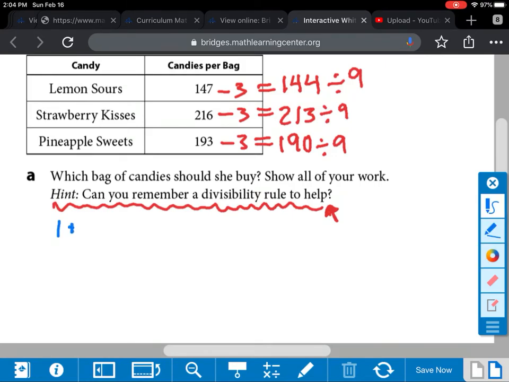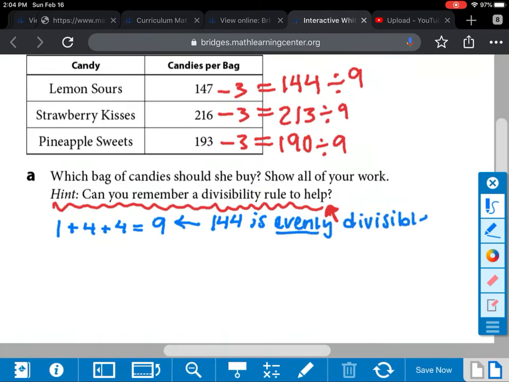I look at 1, 4, 4. I add them together and I get 9. That tells me that 144 is what we call evenly divisible, that means there's no remainder, evenly divisible by 9. So I can divide 144 by 9 and not get a remainder.